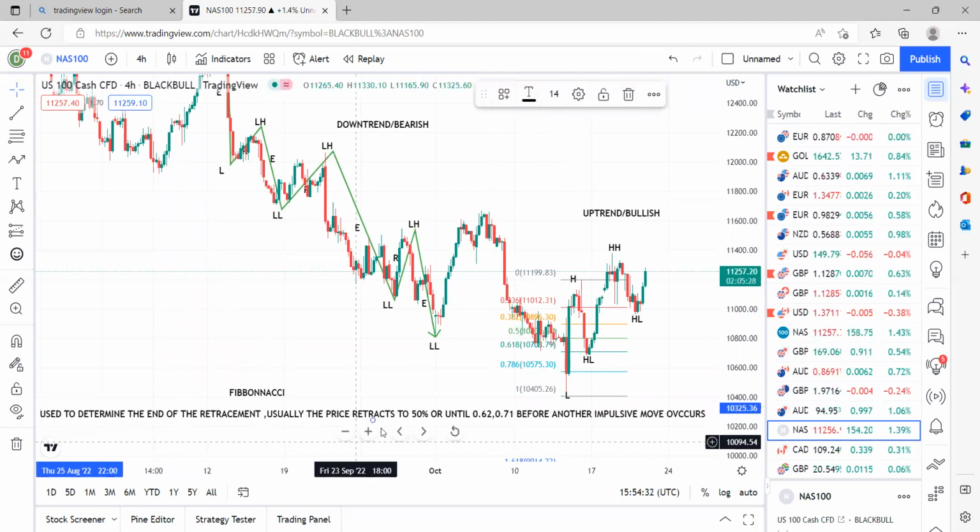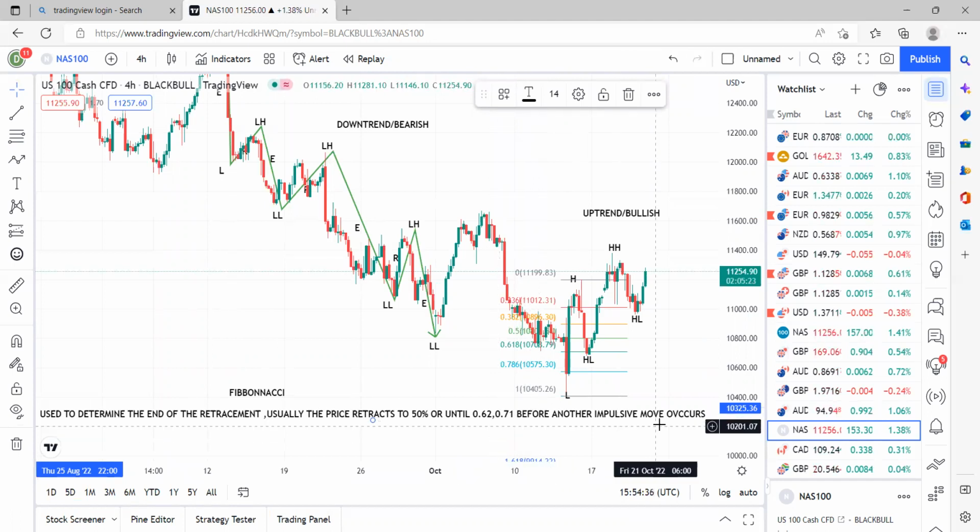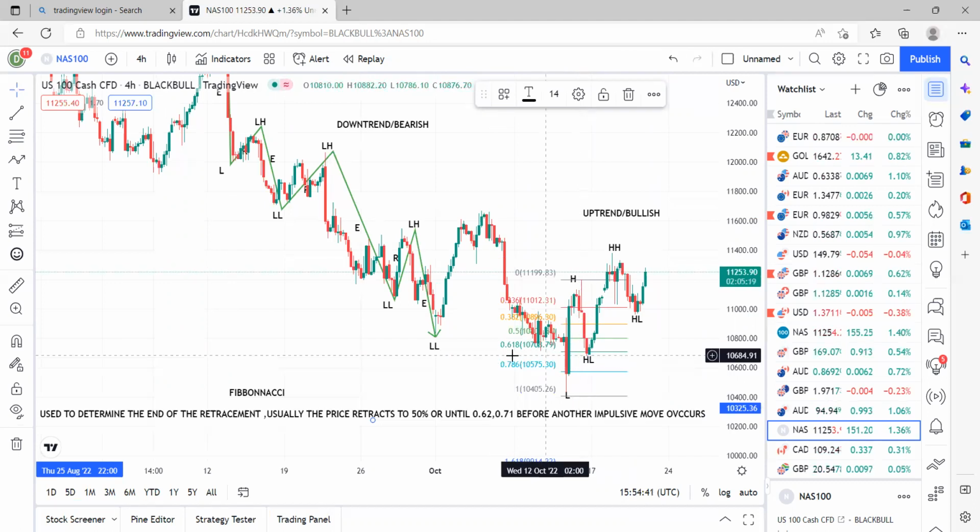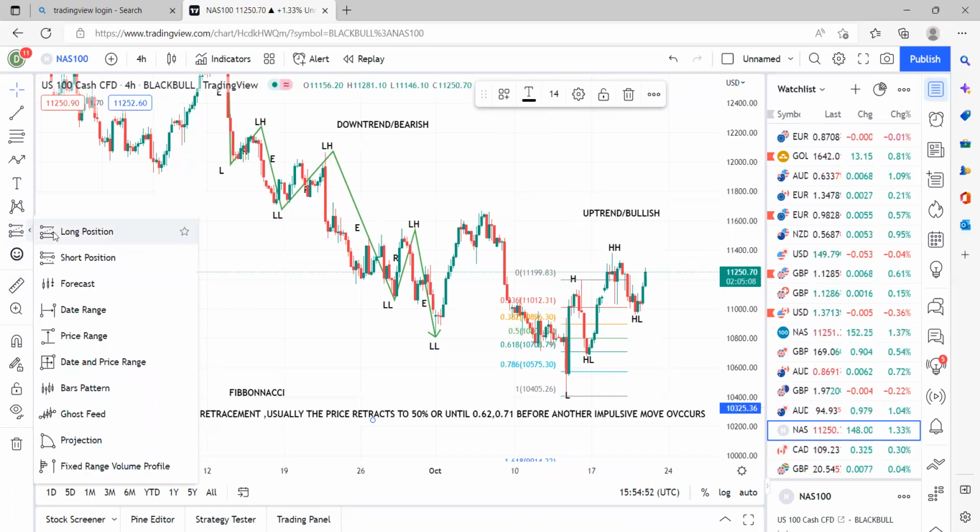Usually the price will retrace to 50% or to 0.62 before another impulsive move occurs. And then 0.61, our higher low here, what do we have? We have 0.61, which is a sniper entry. And then your first TP will be your previous high.